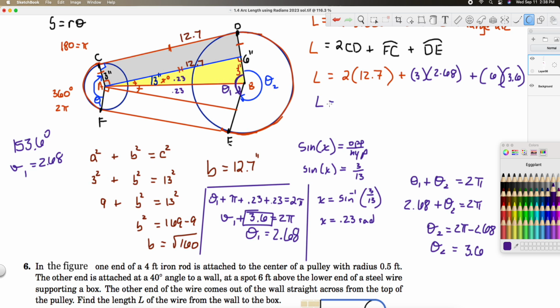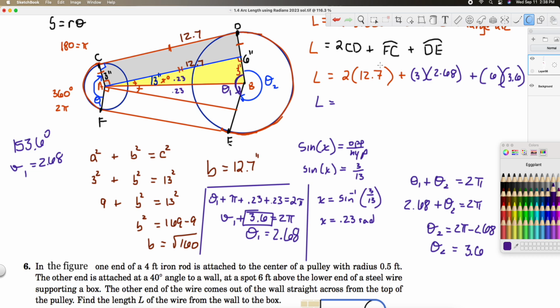I can find the length of this rope. I do 2 times 12.7 plus 3 times 2.68 plus 6 times 3.6. Okay, so I'm just double checking what I typed in. 3, 2.68, 6, 3.6.